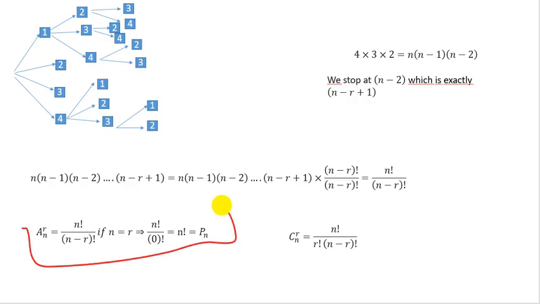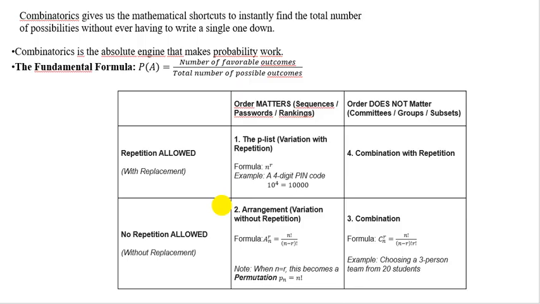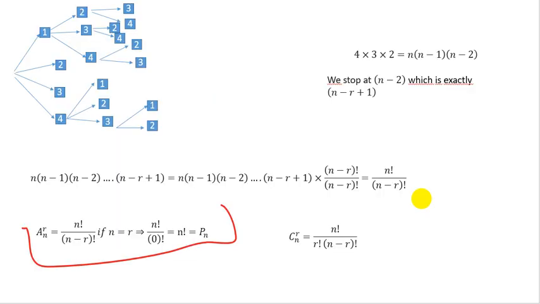Now another condition is when the repetition is not allowed, just like the arrangement, but this time the order also doesn't matter. The order doesn't matter. That's what we call the combination. And let's go back here. What does it mean the order doesn't matter?